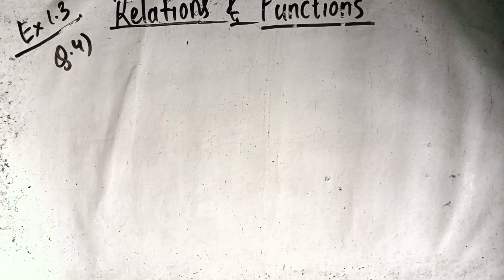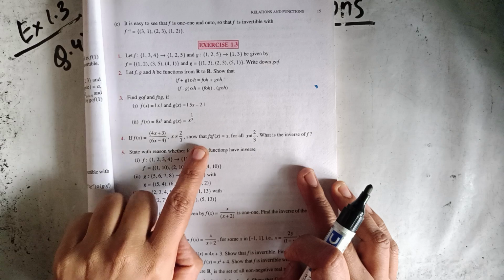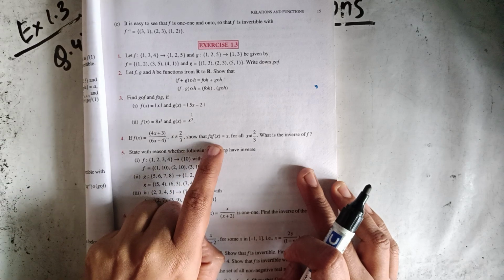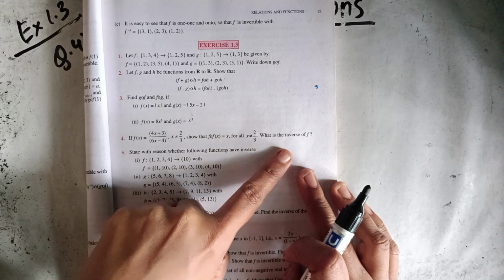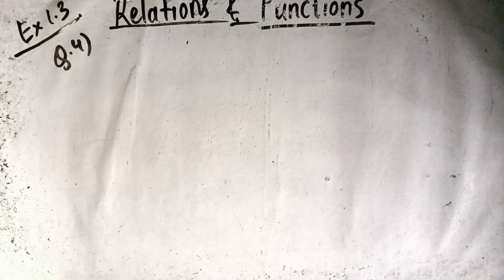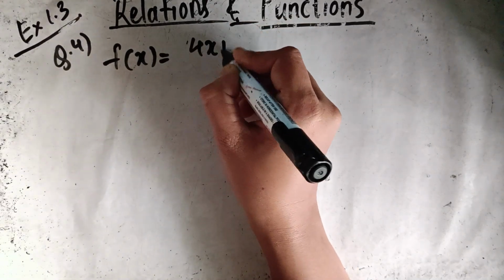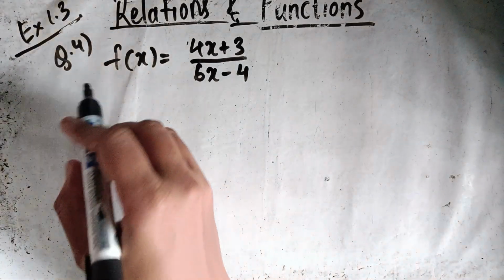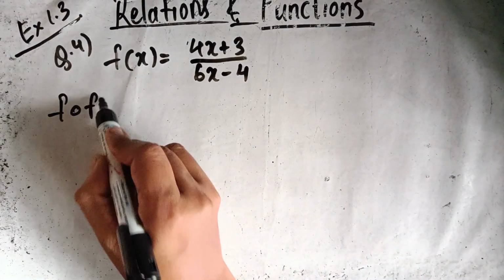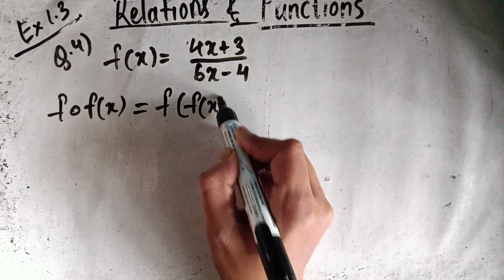Next question, question number 4. f of x is defined like this. You have to show that f composite f of x is x, for all x not equal to 2 by 3. What is the inverse of f? So f is defined. f composite f of x is f of f of x.